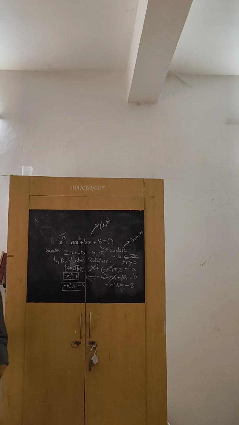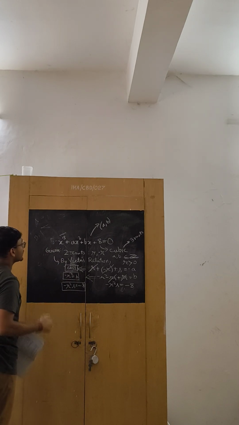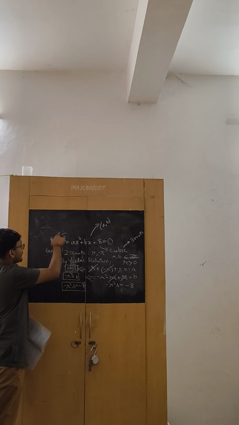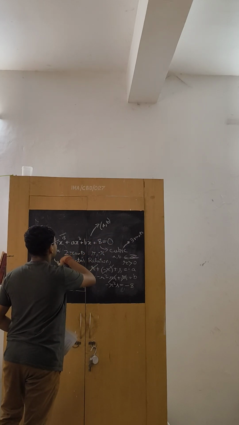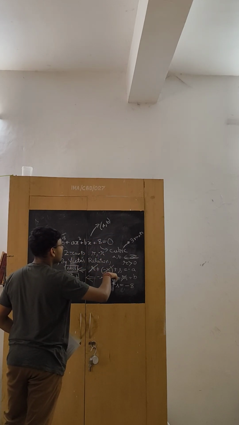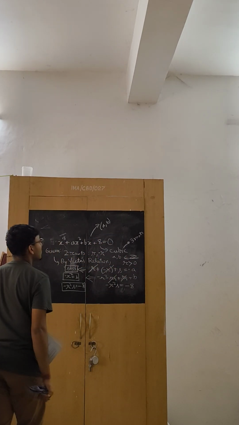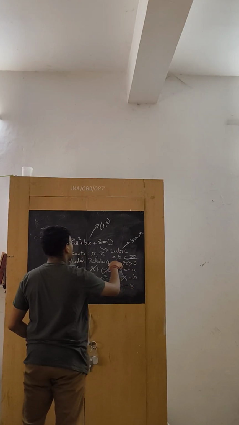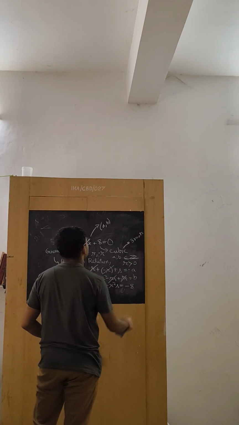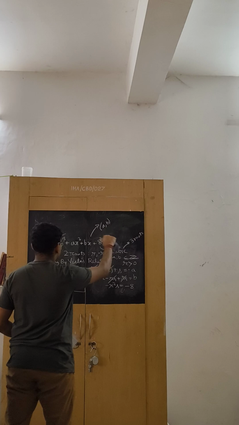I'm rubbing the other parts. I hope we are all clear up till here. This is the main equation. We are given that two roots are r and minus r, where r has to be greater than 0. This is given in the question, and a comma b belongs to the set of integers. Since it's a cubic equation, we have three roots.